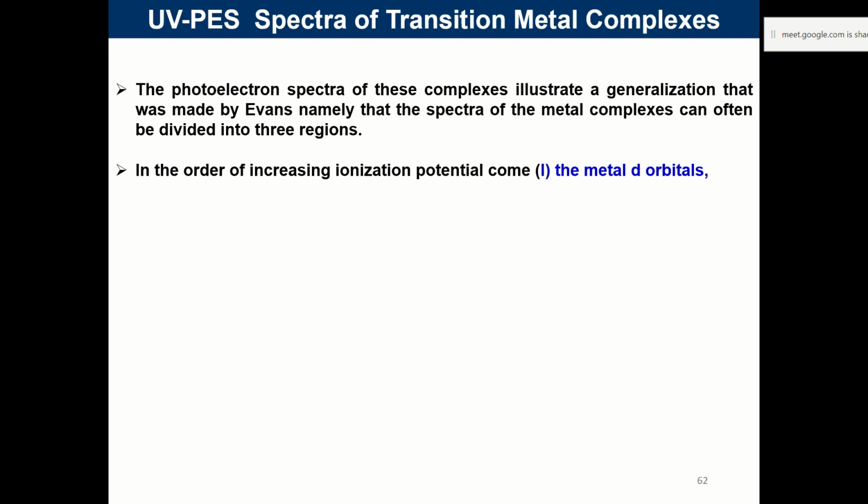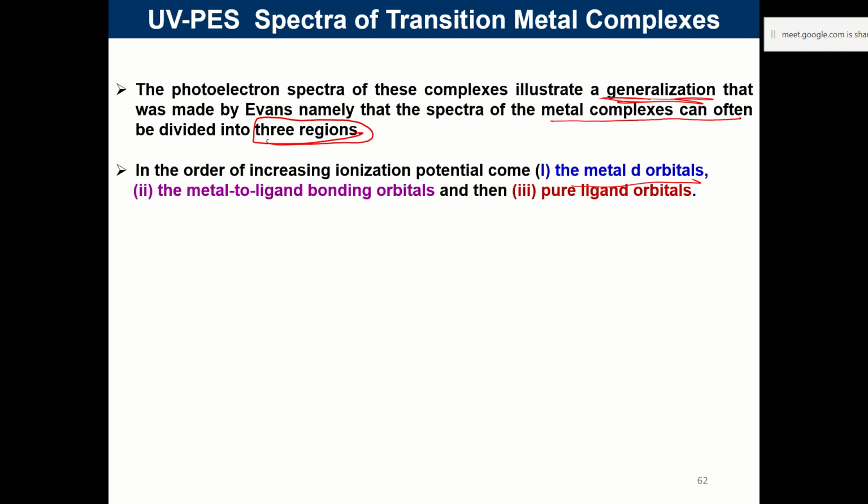So what we find here, these complete illustrate a generalization. So now we can generalize based on these two discussions of tetrahedral and octahedral complexes. Photoelectron spectra of metal complexes is divided into three regions. Three regions हमने अभी भी किया है. One, the metal d orbitals.